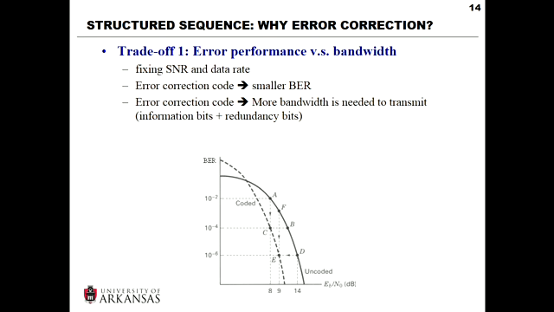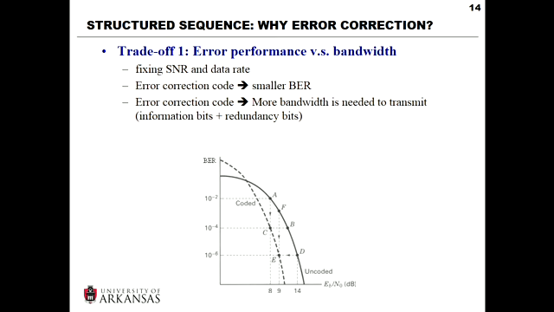Okay, our BER will reduce. But in the meantime, because we fix the data rate, let's say our data rate is 1 megabit per second. This data rate means the rate of the pure information.